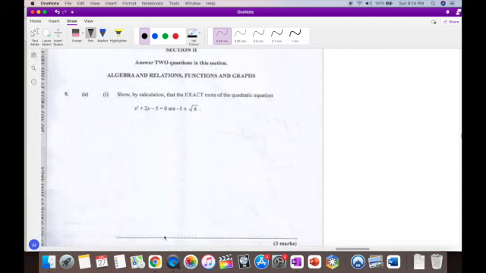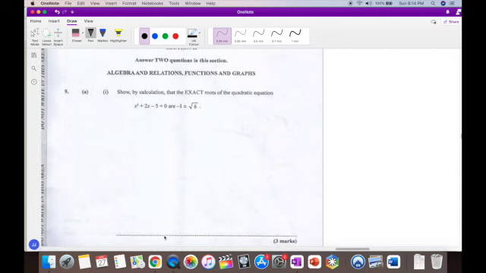And now we are in section 2. Show by calculation the exact roots of the quadratic equation. So we have a quadratic equation and they give us this as the roots. You notice they use the word exact, because if we look at the square root of 6, the square root of 6 is 2.449 and so on to infinity.